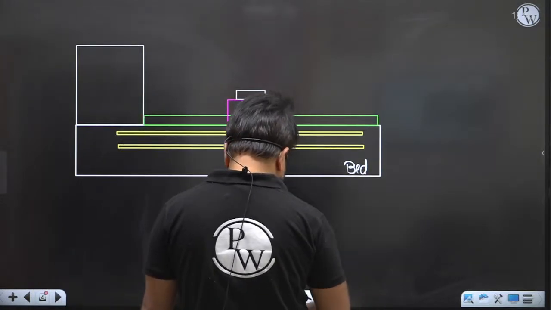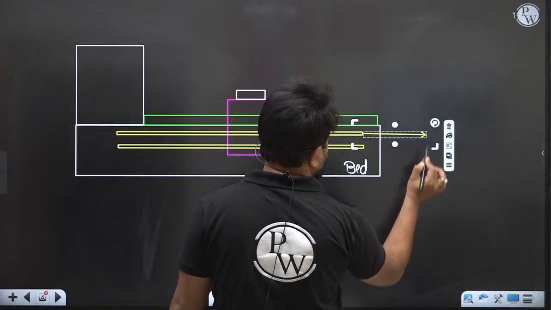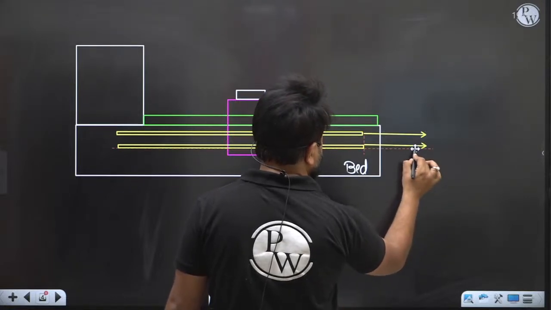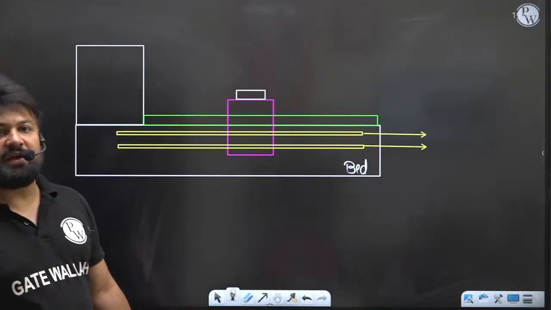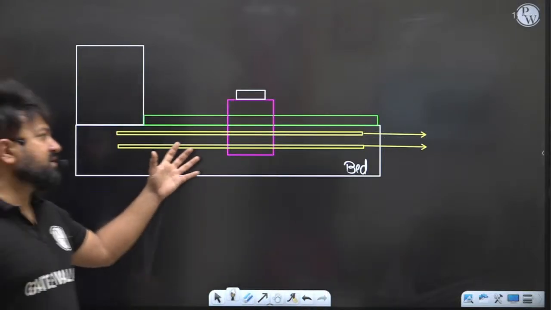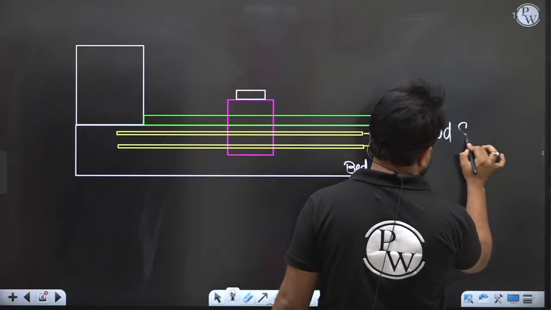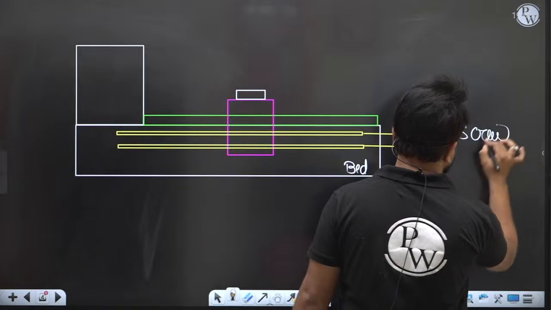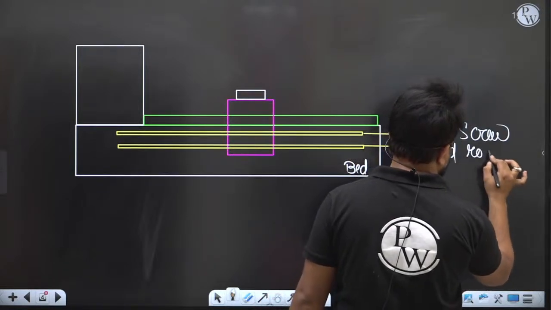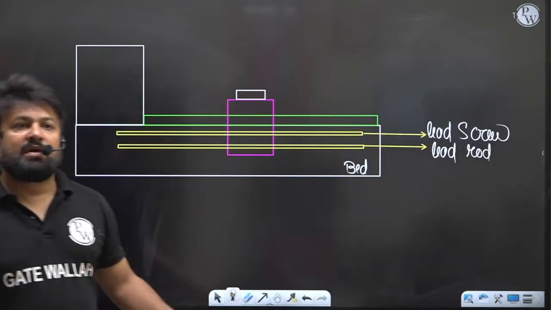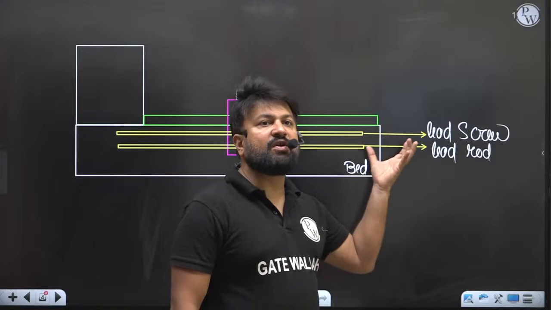One is your lead screw, and another is your lead rod. So let me write down the names. This is the lead screw, and next is the lead rod. Sometimes the lead rod we can also call the feed rod.